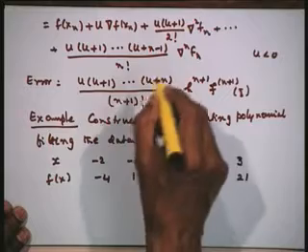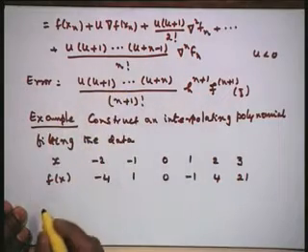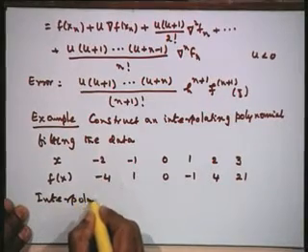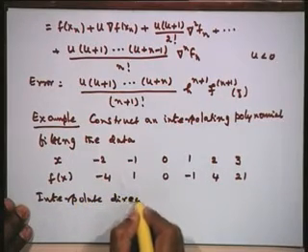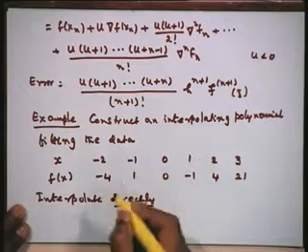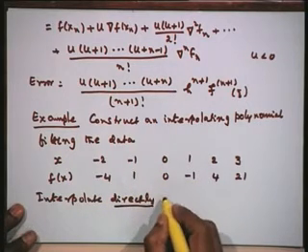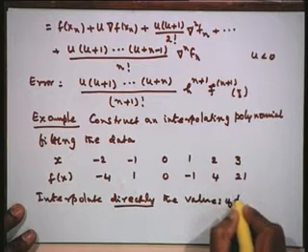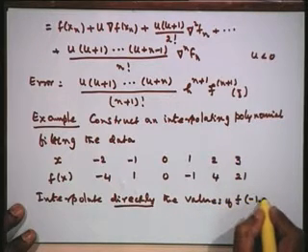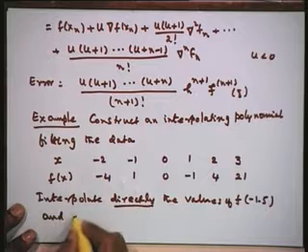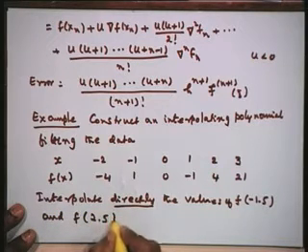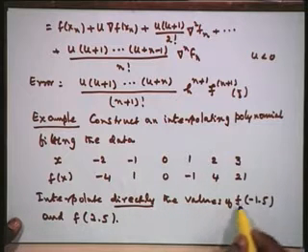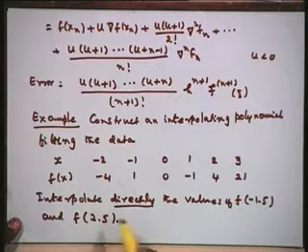Now, to illustrate the use of the substitutions we made here, let us also interpolate directly. I want to use it directly, so that I do not simplify the formula and then use it. Interpolate directly the values of f at minus 1.5 and f at 2.5.